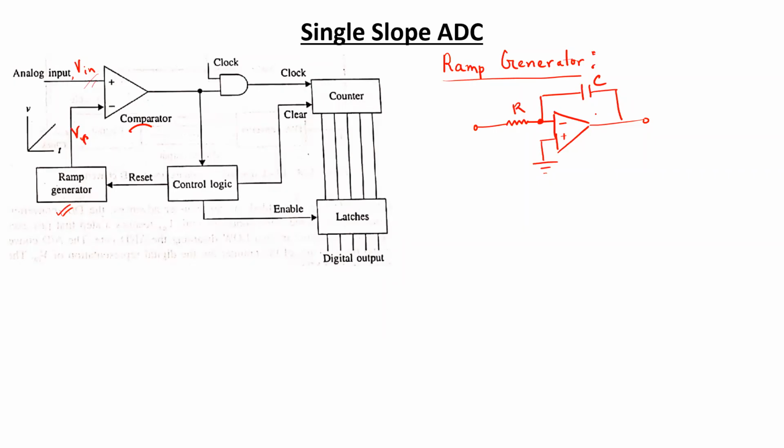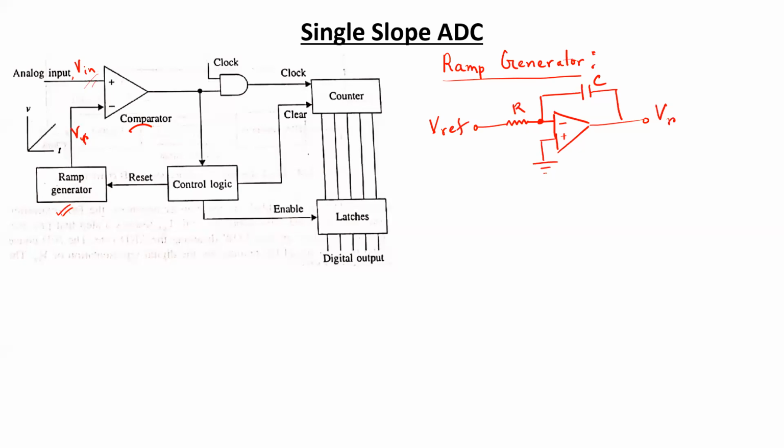If it was a resistor in the feedback path, then you could have said that okay, it is an inverting amplifier, but when you place a capacitor, it is supposed to work as an integrator, and the other way around, it is supposed to work as a differentiator. So for this integrating circuit, when there is a constant reference voltage as input, the output is going to give a straight line.